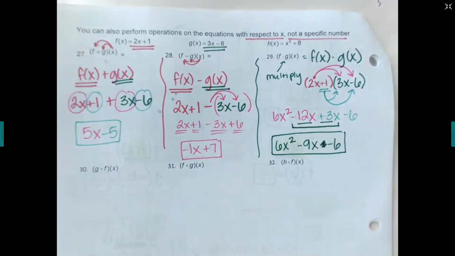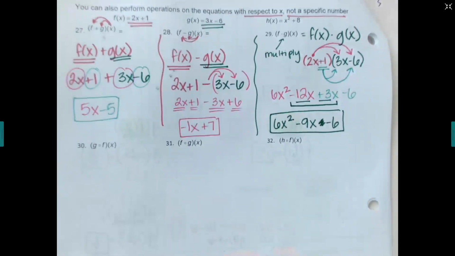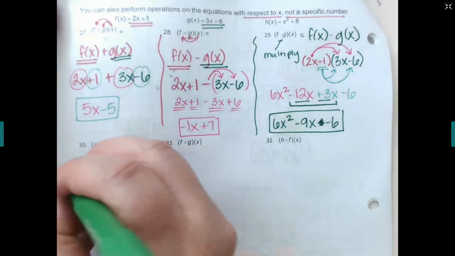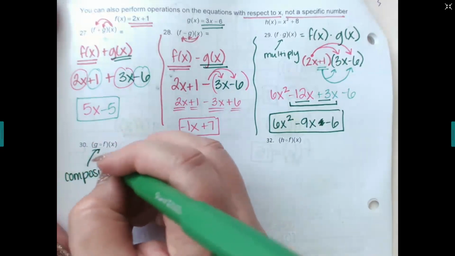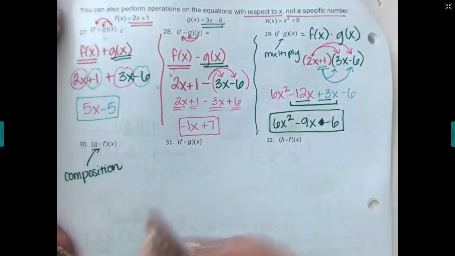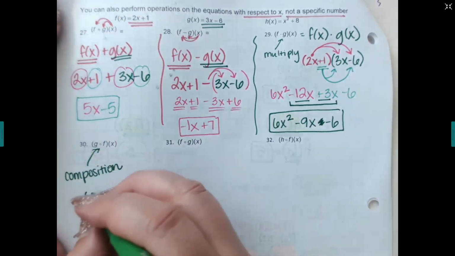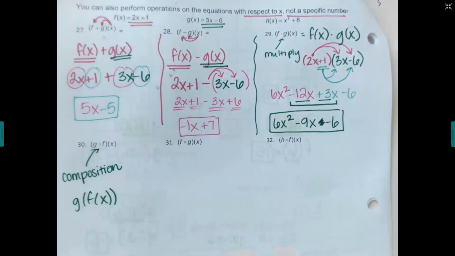All right, you are so close to being done. Last little bit of this. What if you get a composition? Okay, these do happen on your practice today. So here's what you're going to do. Okay, remember the little open circle, that's a composition. Okay, if you want G composition F, remember that's going to be G of F of X. Here's what you're going to do.